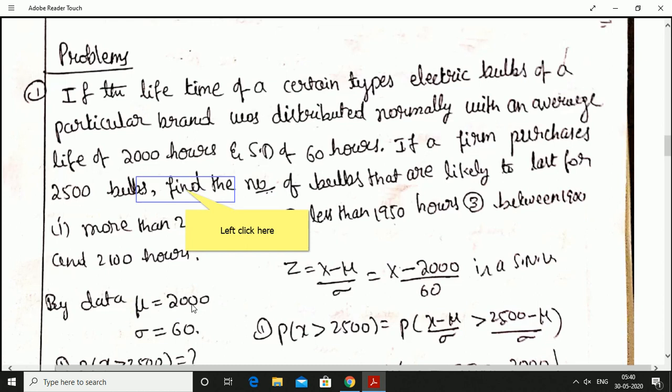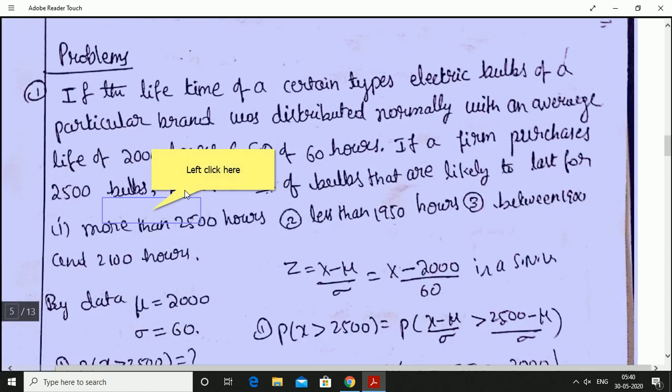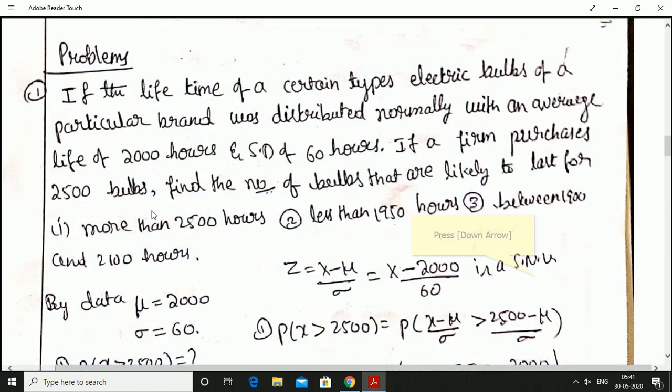If a firm purchases 2500 bulbs, that is total frequency is equal to 2500, find the number of bulbs that are likely to last for more than 2500 hours, less than 1950 hours, between 1900 and 2100 hours.